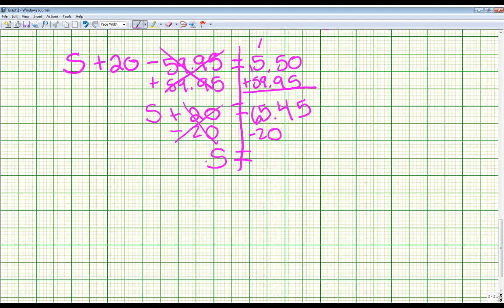We keep our S on this side, that's all that's left on here, and then we have to subtract 20 from 65.45. So if we take 20 away, we have $45.45. So our final answer is that we start with $45.45 plus the $20 our parents gave us, subtract the $59.95 for our shoes, and we ended with $5.50.